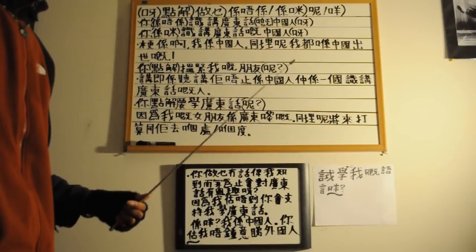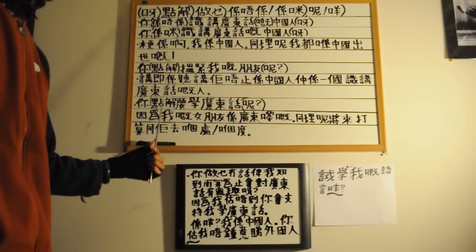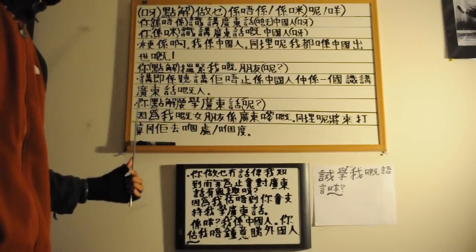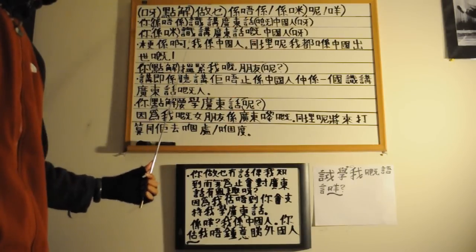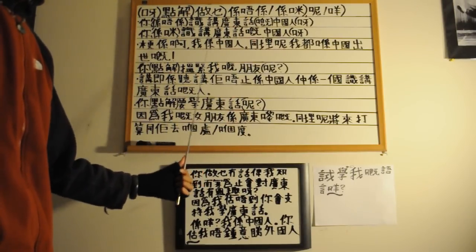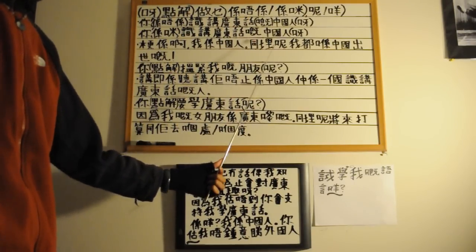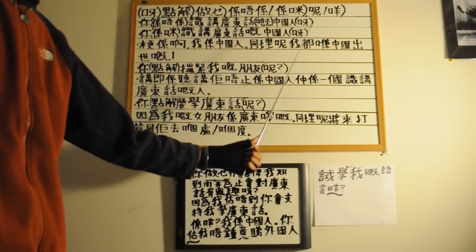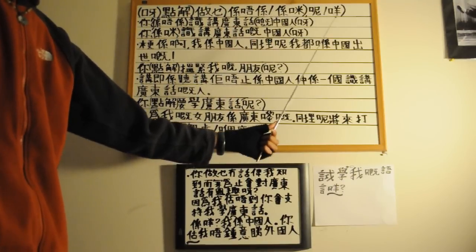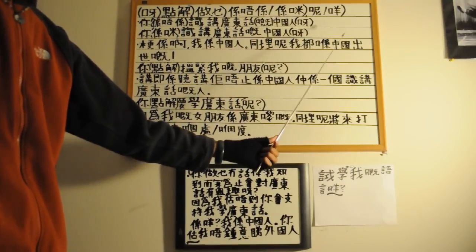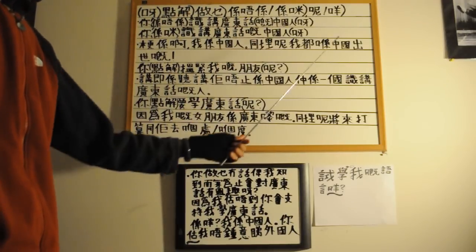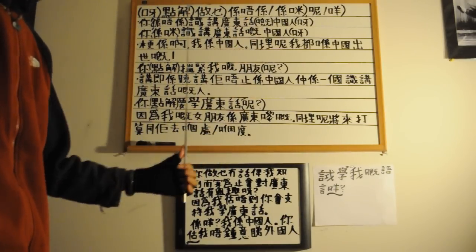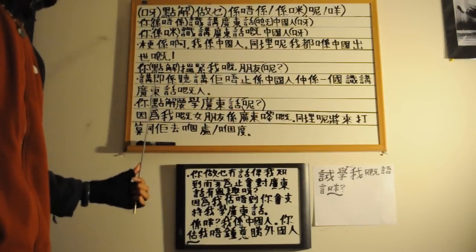If you want to say no, just say mhai. So you're basically choosing here. But this time, I say gang hai, which is of course. So, of course, 我係中國人, I am a Chinese person. 同埋咧, moreover, 我都, I also, 喺 in or at, 中國 in China, 出世嘅 born in China. And 嘅 is just an ending. There's really no translation.